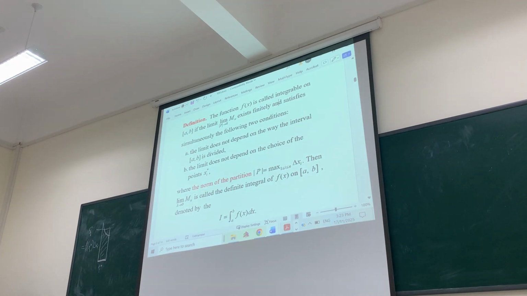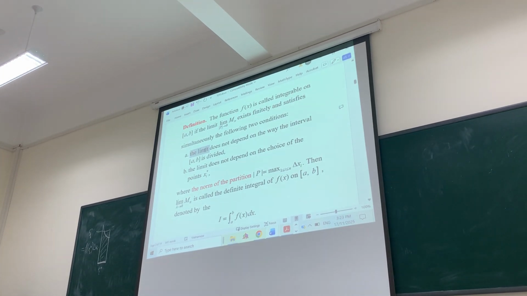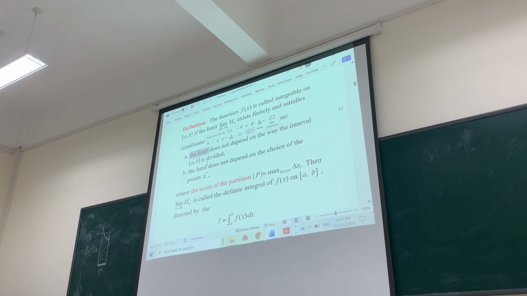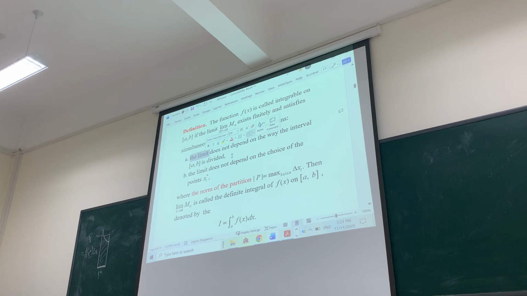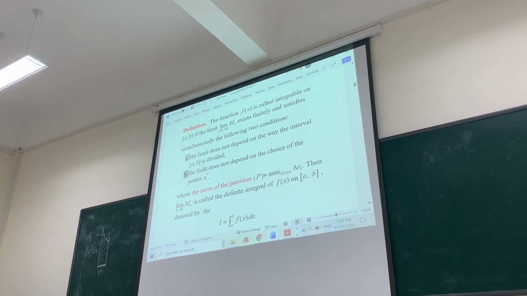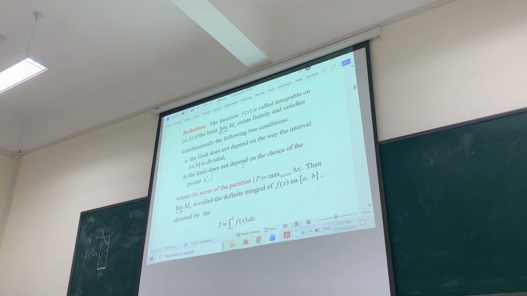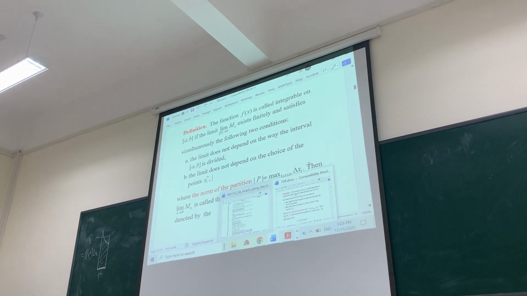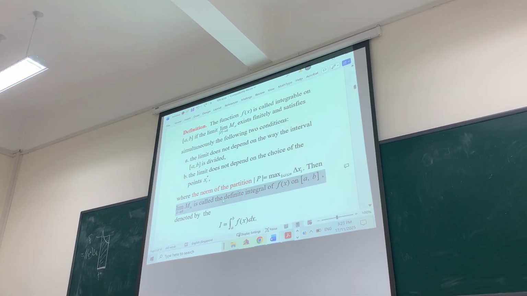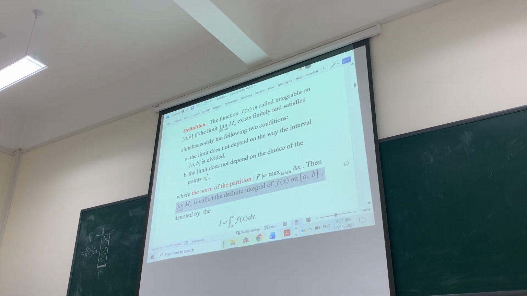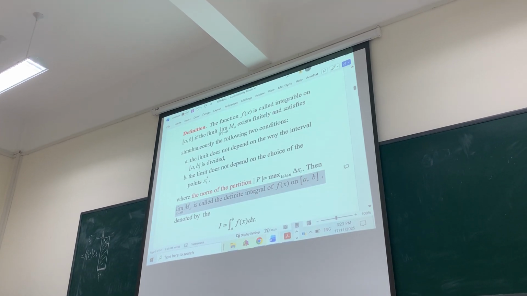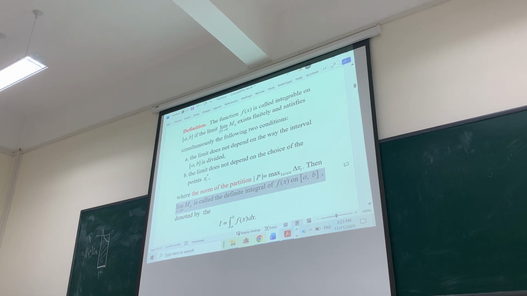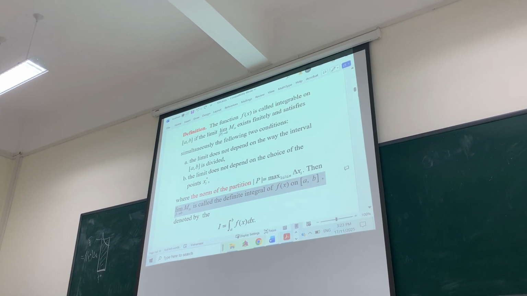The first, the limit does not depend on the way the interval [a, b] is divided, that is, it does not depend on P. Second, the limit does not depend on the choice of the points xi star. Then the limit is the definite integral of f, and you can denote this by I.